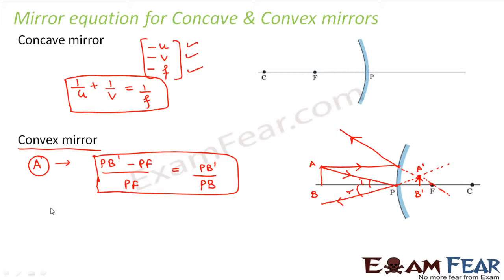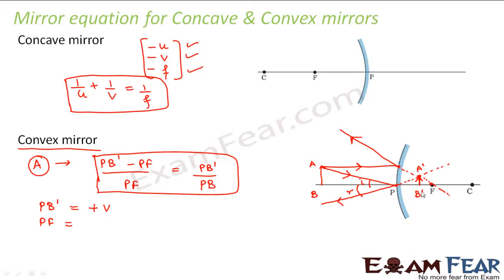So in this case, for a convex mirror, what will happen to these values? PB dash is the image distance, which is v. In this case, v is positive because it is measured from the pole in the direction of the incident ray. What will happen to PF?